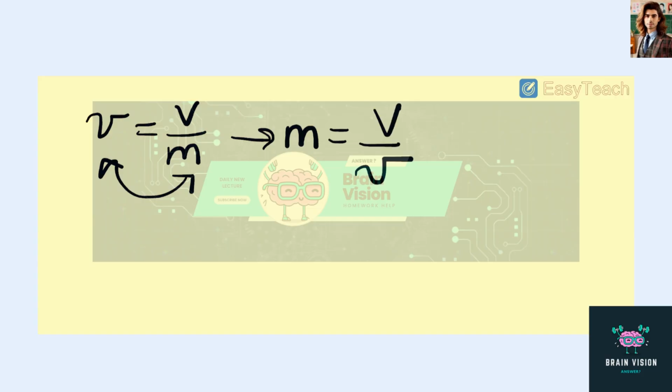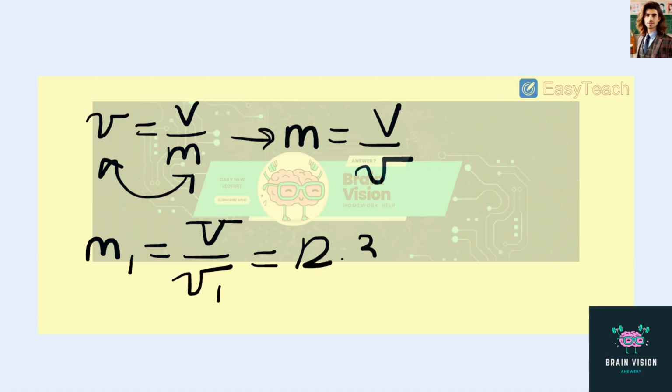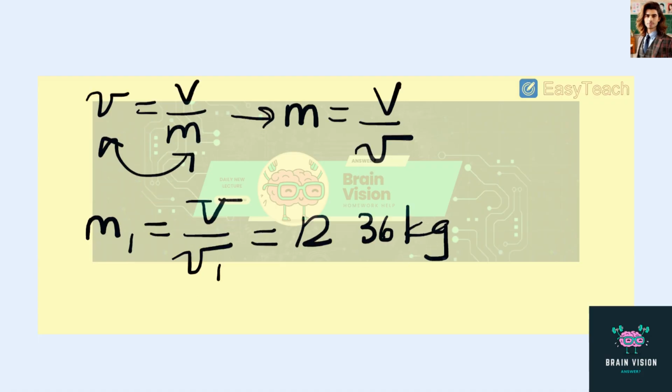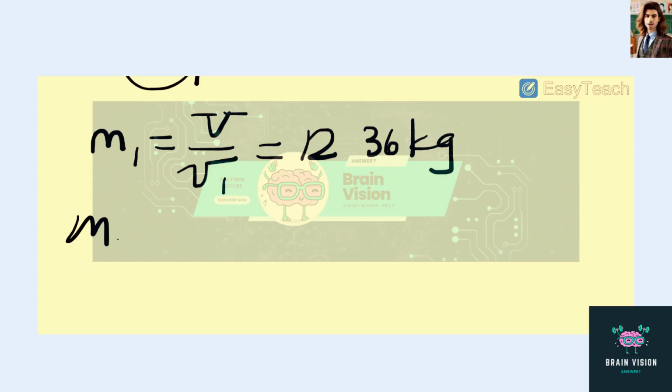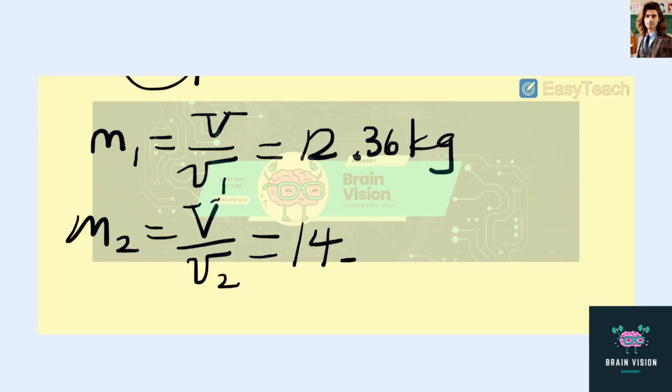So the initial mass will be equal to the total volume over the specific volume at 1, and that'll be equal to 12.36 kilograms. Mass 2 will be equal to the total volume over specific volume at 2, which we can calculate to be 14.76 kilograms.